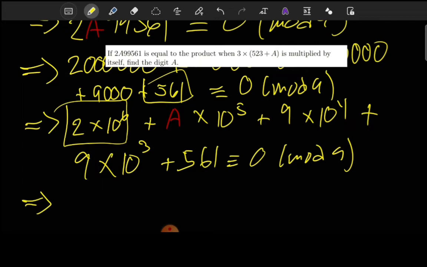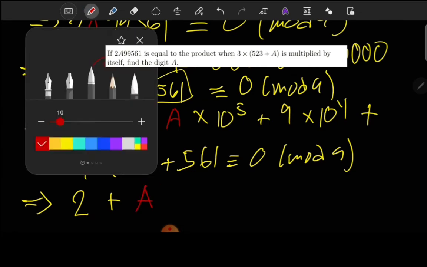But for the powers of 10, we know that 10 divided by 9 is 1 point something, and it has a remainder of 1. So we can just put 2 plus a, and the same goes for all terms that have 10 in them.